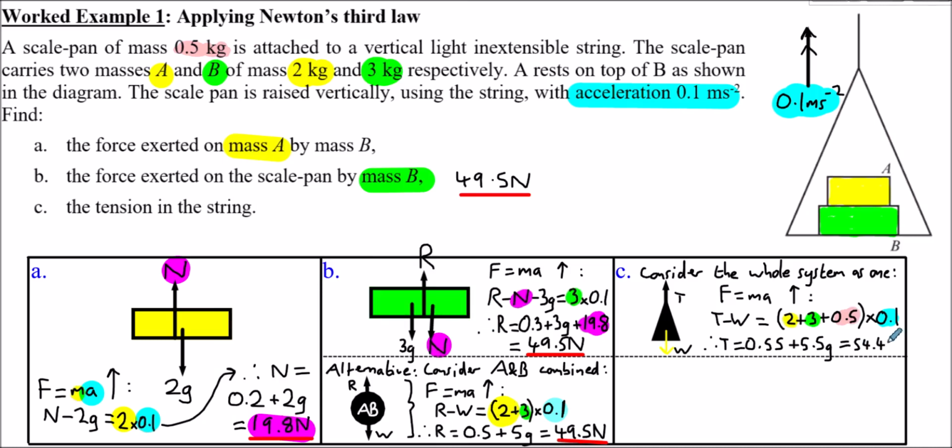That, however, like I've said, isn't the only way it could be considered. We could also consider, alternatively, the forces acting on the scale pan. So I'll just call this an alternative: forces acting on the scale pan.